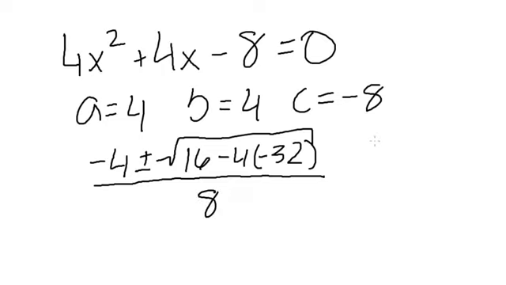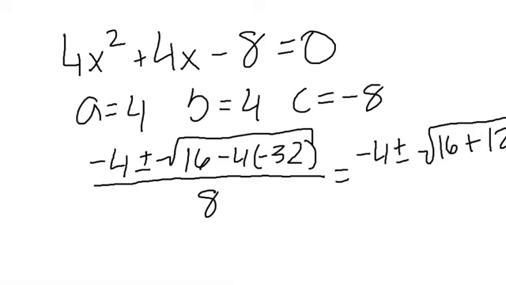So now let's simplify. This will be equivalent to negative 4 plus or minus the square root of 16 plus 128, and then 128 plus 16 is just 144, and the square root of 144 is just 12, and all of that over 8.